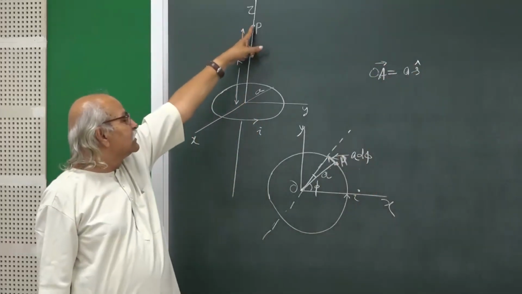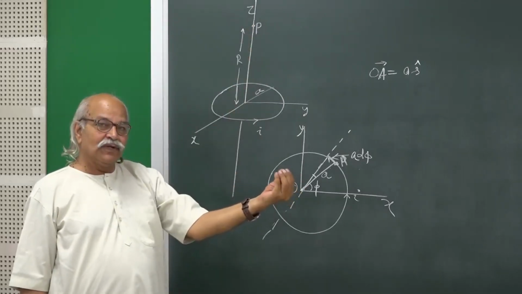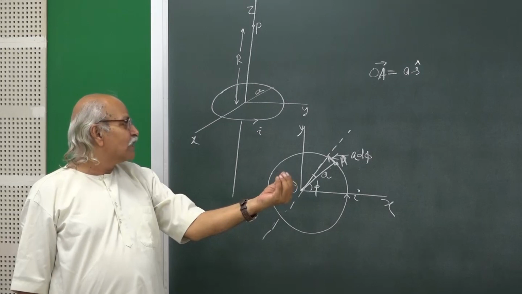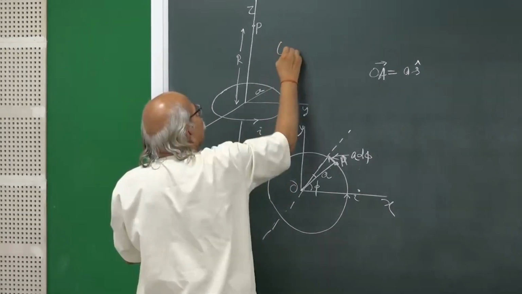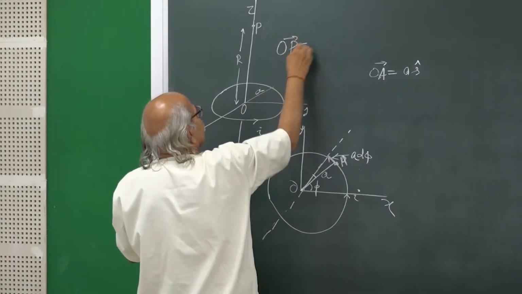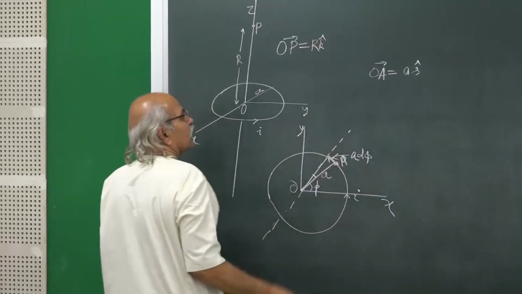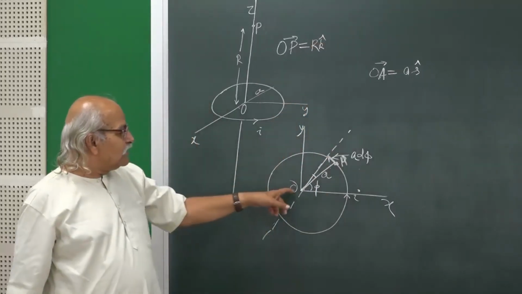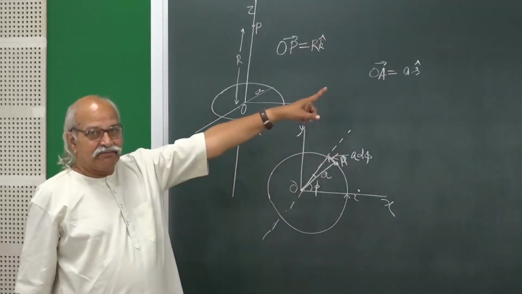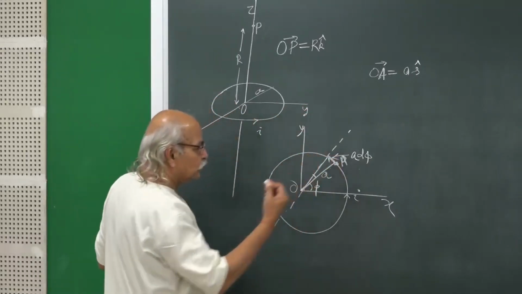The P point is here on the axis. What is the coordinate of that? This OP vector will be capital R times k cap, and the OA vector is small a times s cap. What is the vector A to P?